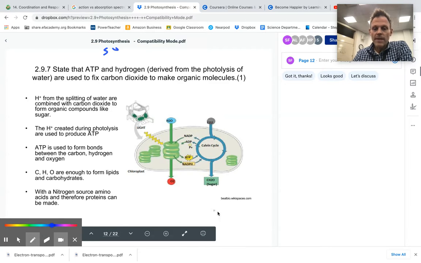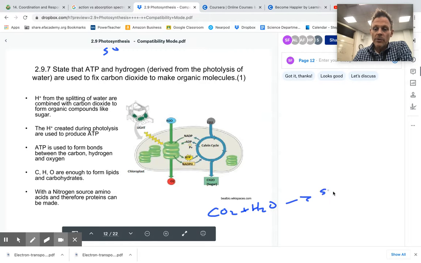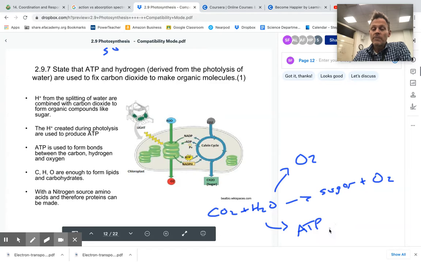So let's write the equation again. Carbon dioxide plus water is going to make our sugar, our glucose, plus oxygen. We just said that this oxygen is going to disappear. This hydrogen is going to be coming down here to make ATP.